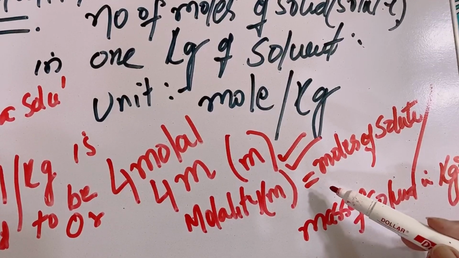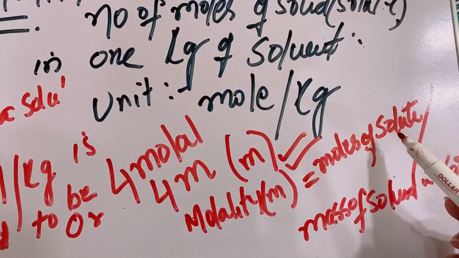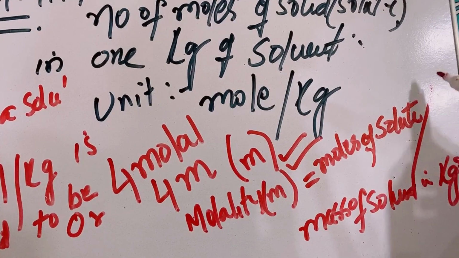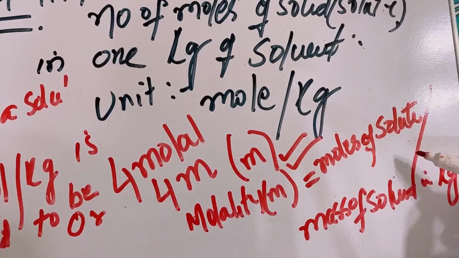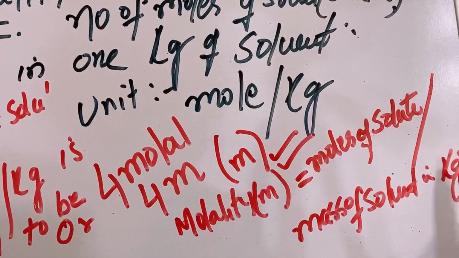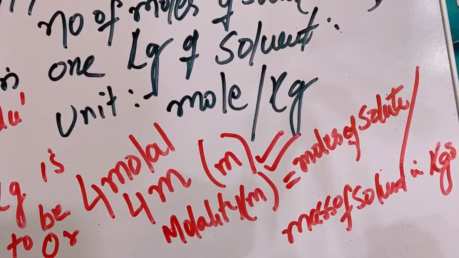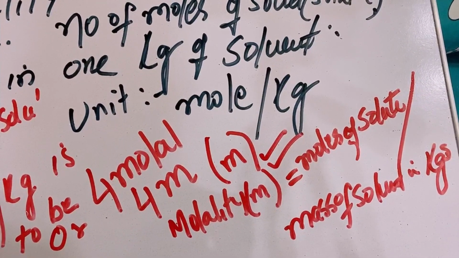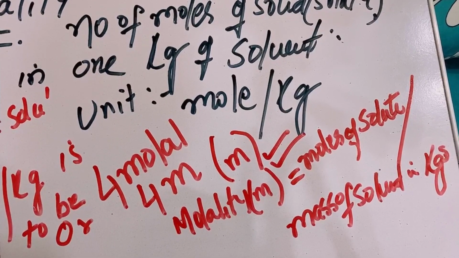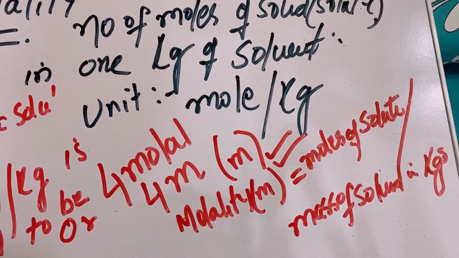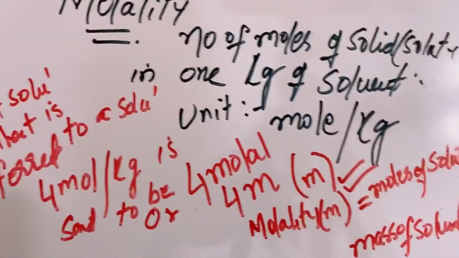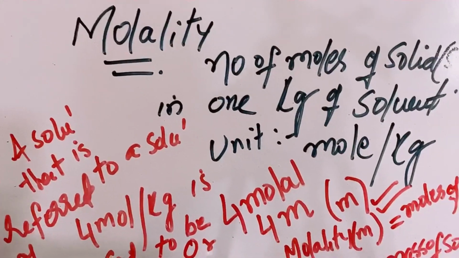This is the way you will calculate molality: m equals moles of the solute, simply divided by, oblique means division, mass of the solvent in kilograms. Over here you can see kilograms. So this is how you can calculate molality. I hope you have followed this also. This is very easy, and you've been having these things since you were in very early classes.